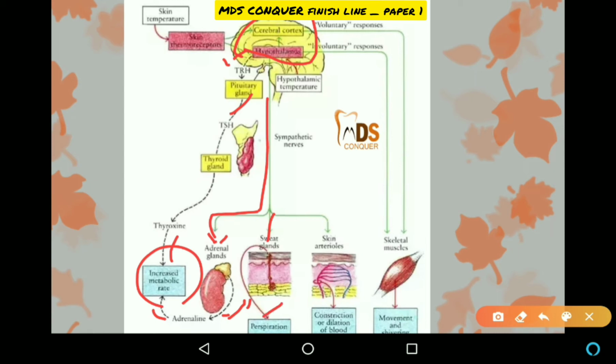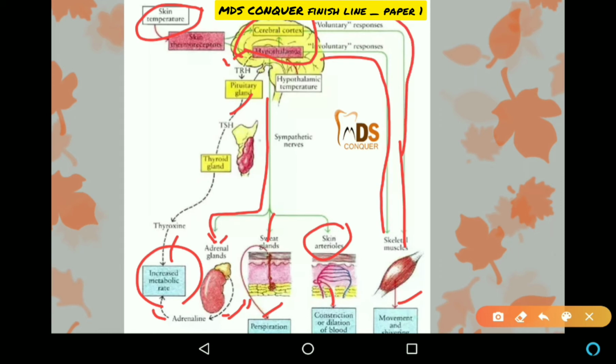Sweat glands produce perspiration, and it also acts on the skin arterioles, which leads to constriction or dilation of the blood vessels, and these also act on skeletal muscles, which produces the movement of shivering. Hence this is the physiological method where the skin temperature is maintained, and this flow chart is important and easy. You can draw it in the examination also.